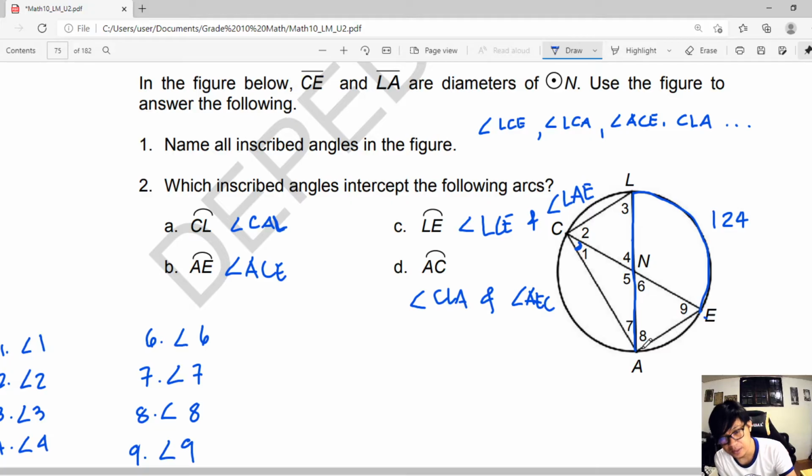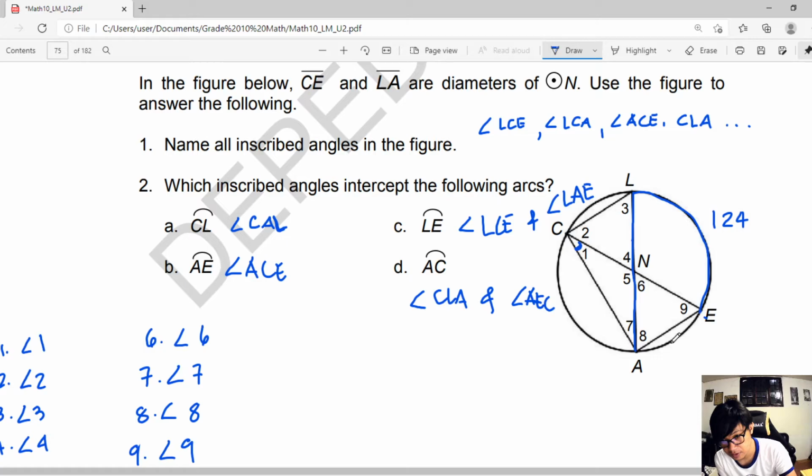Since ang measure ng arc LE is 124, kulang na lang siya para maging 180.